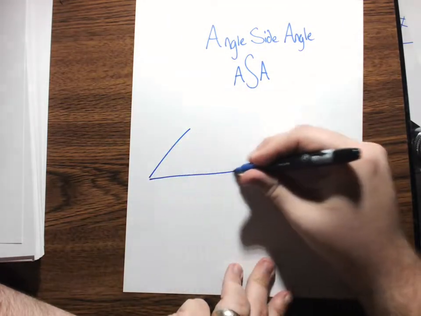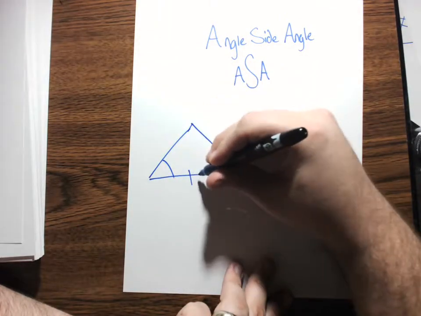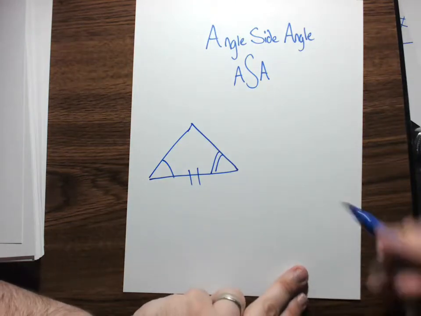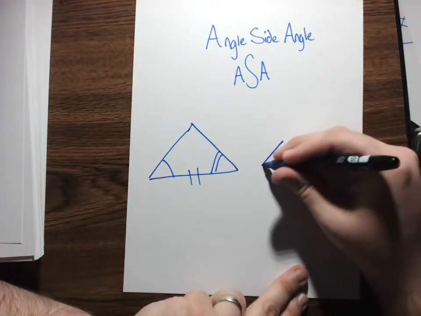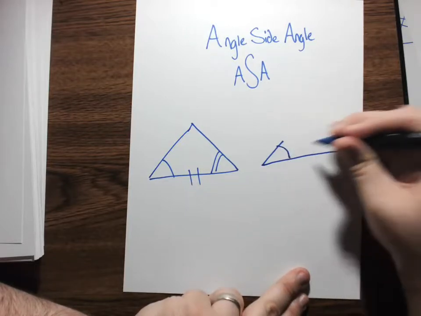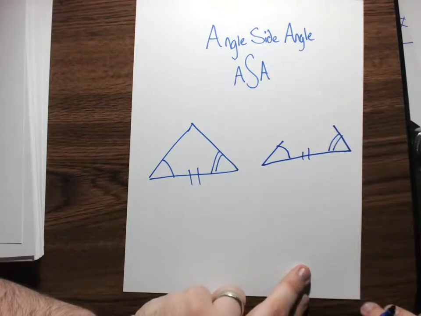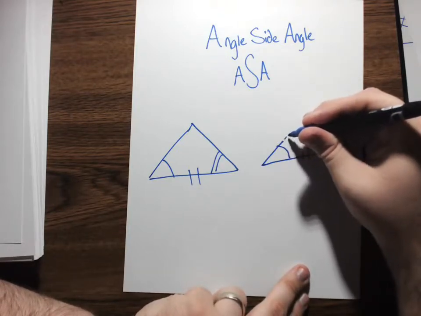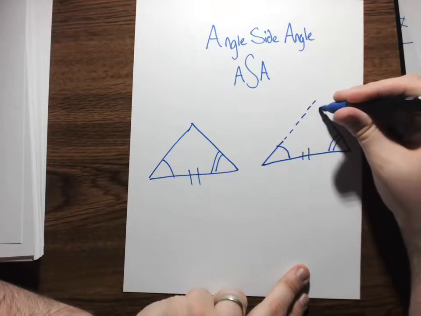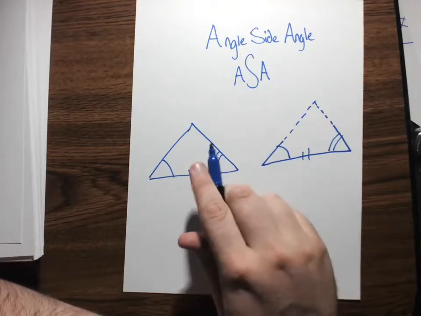So, if I know that one triangle looks like this, and then I have another triangle, and I know it starts with this, the thing is, if I actually extend these lines out, what you're going to find is they end up creating the same triangles that we had over here.